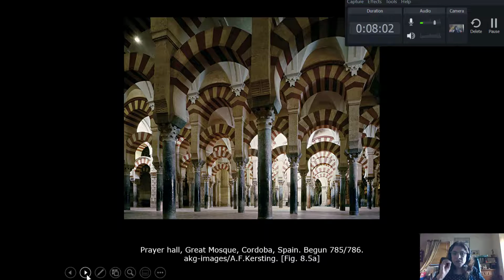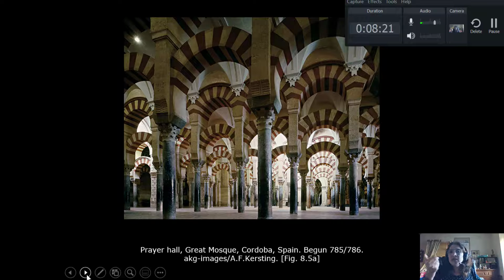So now we're going to move to Spain, and one of the amazing mosques in Spain, or I think actually the most amazing, is the mosque in Cordoba, Spain. And I have a video up about the Dome of the Rock, and I have a video up about this mosque.